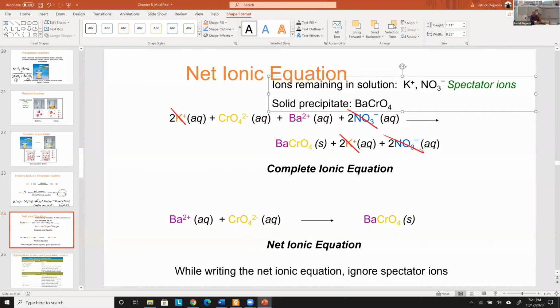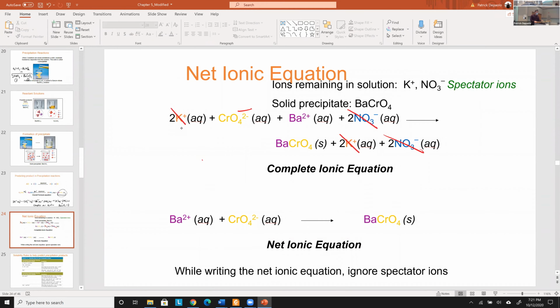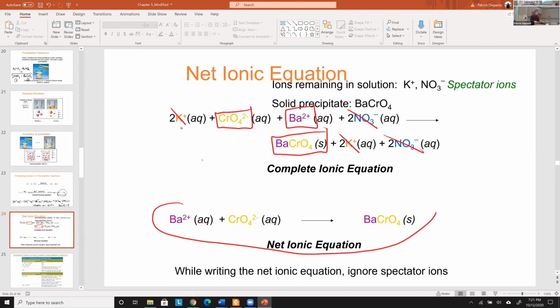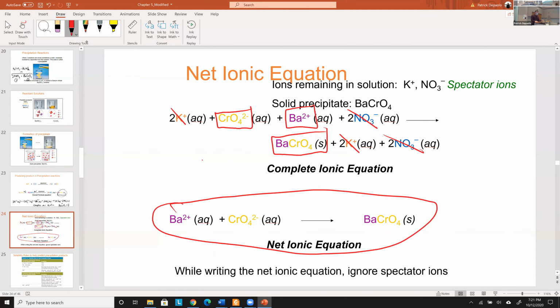So for those, you'd have the chromate, the barium, and the barium chromate, and that would lead us into our net ionic equation where we just write those, and you'd have Ba2+ plus CrO4 2- yields BaCrO4. Cool. So any questions on that?